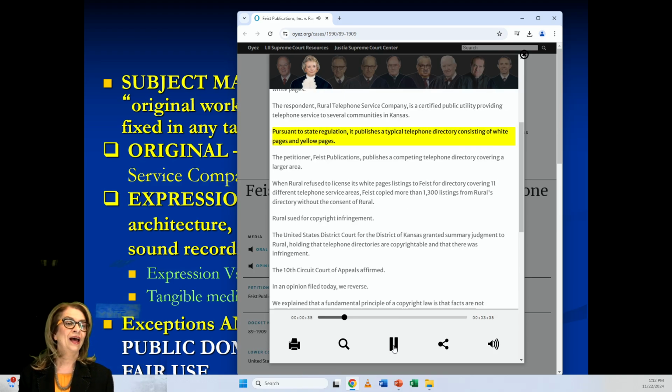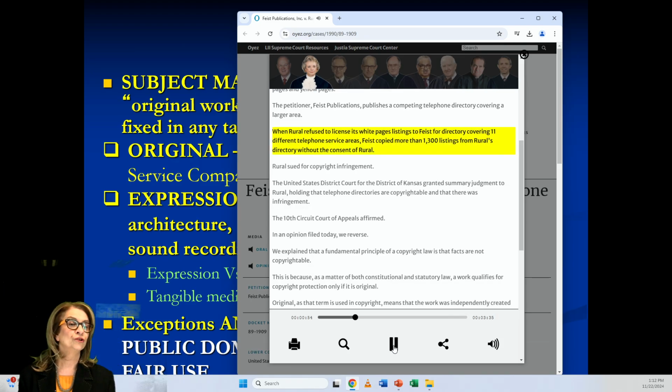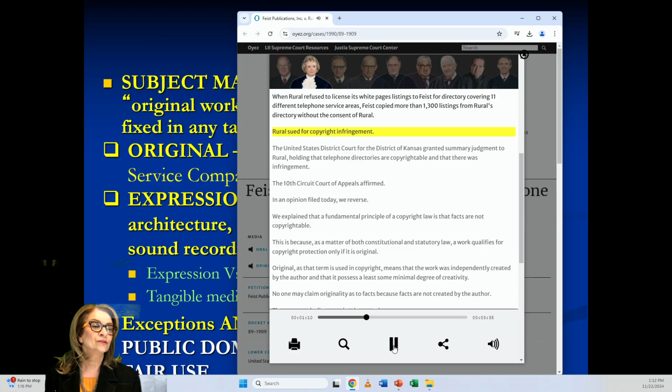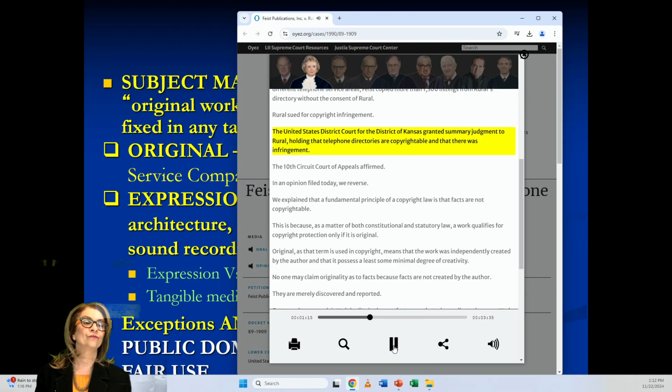Under state regulation, it publishes a typical telephone directory consisting of telephone numbers and locations covering large areas. When Rural refused to license its white pages listings to Feist for a directory covering 11 different telephone service areas, Feist copied them without permission. Feist copied 1,300 listings without permission. So Rural sued for copyright infringement.